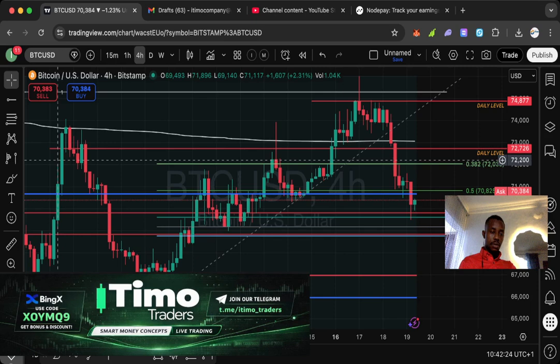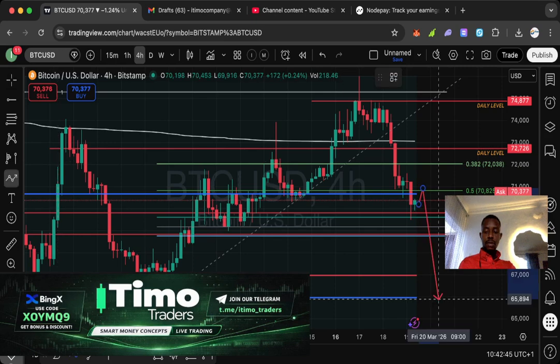All right, this is my thought process right now. My highest probability trade right now, because we've had a close below the value area high, is that we move to the upside a little bit, then reject.